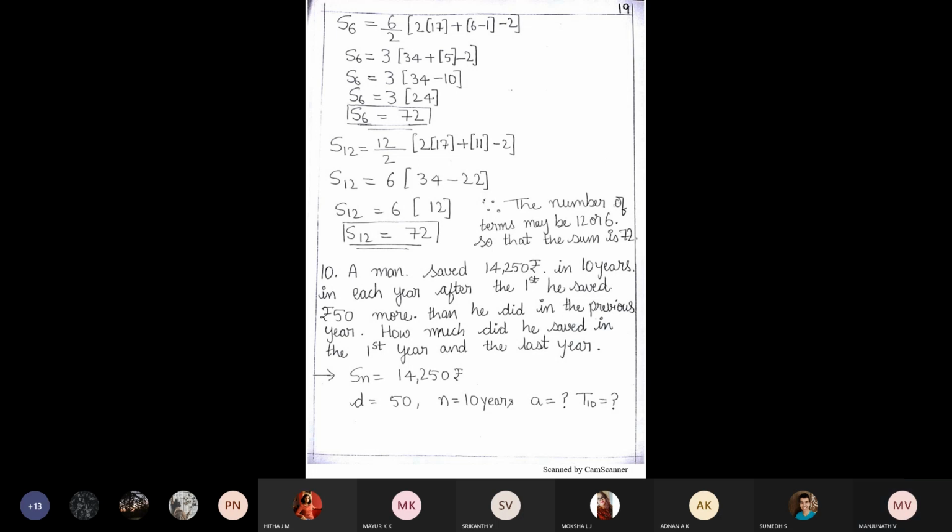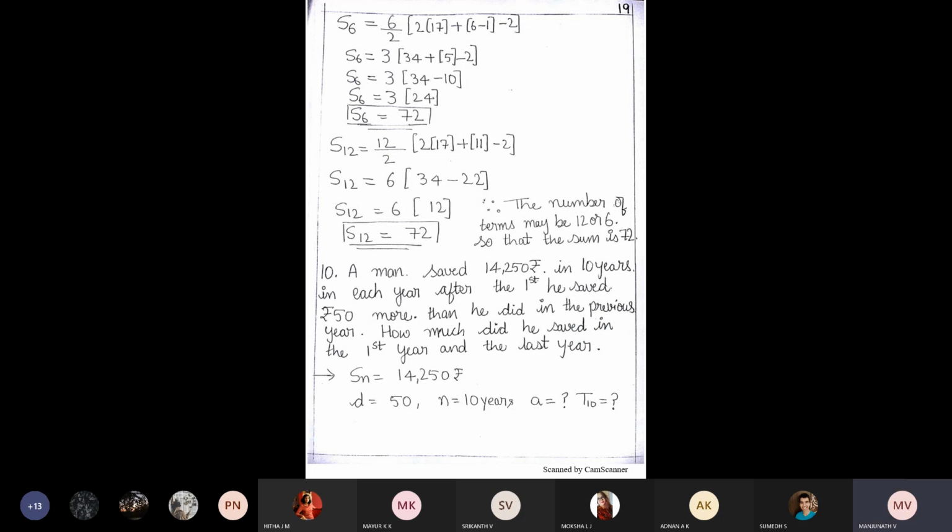Yeah. Good, Srikanth. Copy this problem. A man saved rupees 14,250 in 10 years.